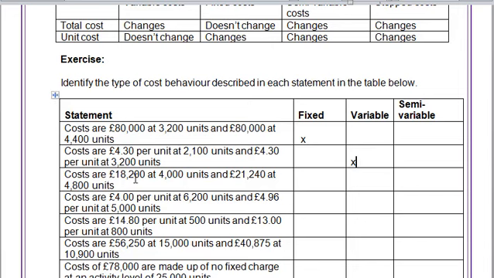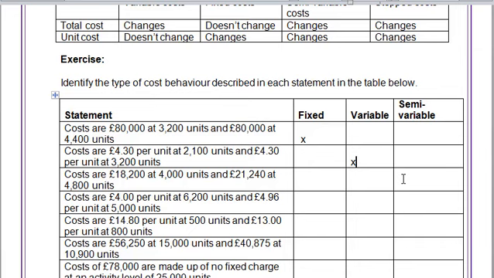Costs are 18,200 at 4,000 units and 21,240 at 4,800 units. You can see in this situation the total cost is changing, but we need to identify whether the unit cost will change as well. If the unit cost will not change, then it will be variable cost. But if the unit cost changes and the total cost changes, then it will be semi-variable cost.